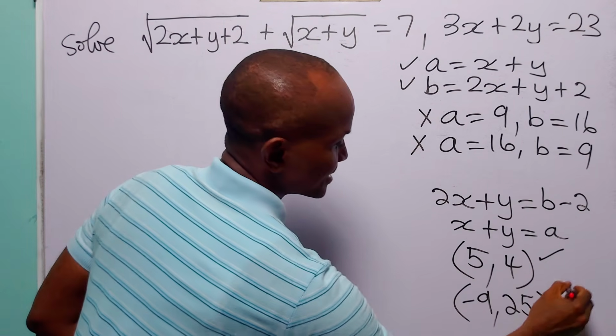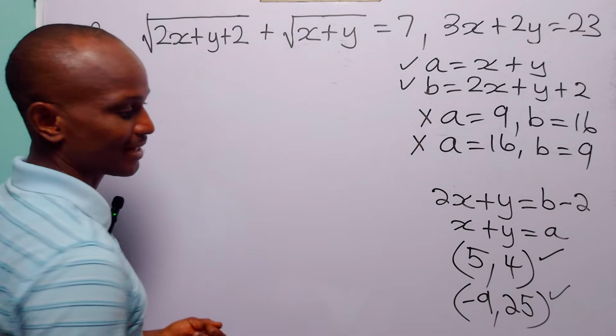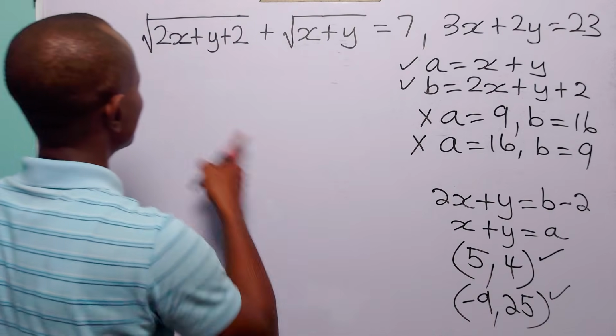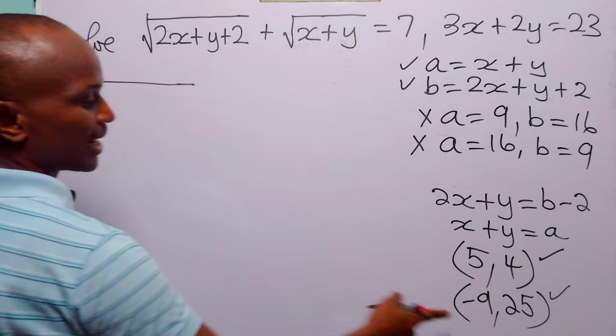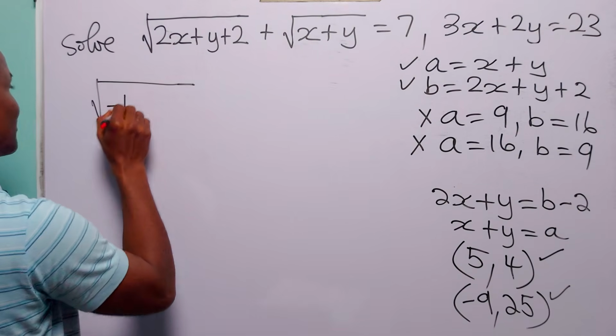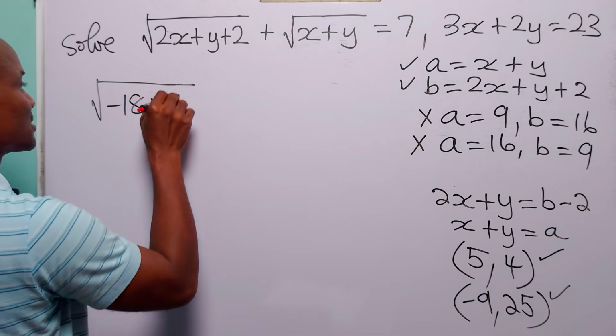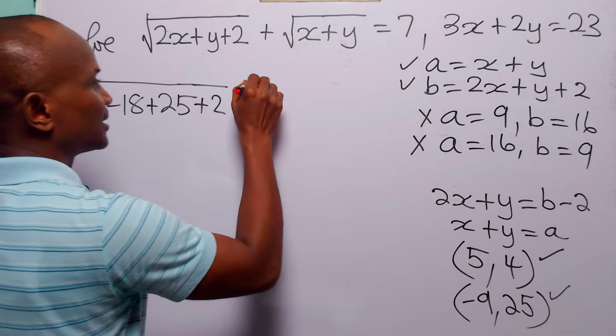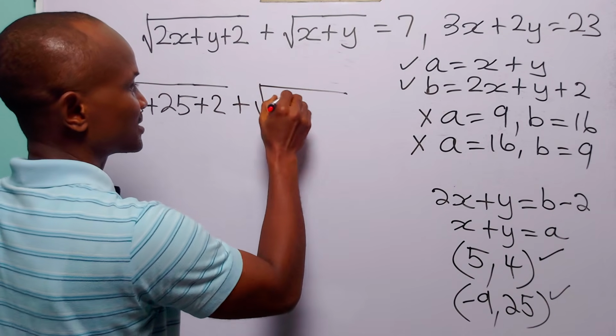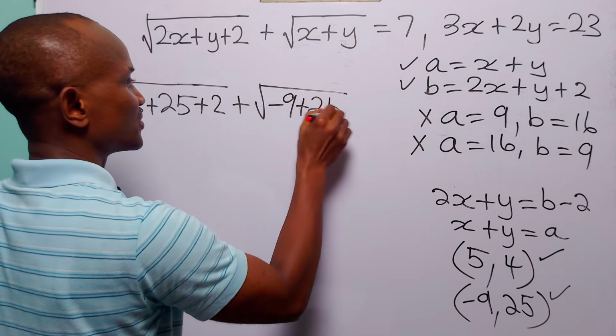And in the second case, when x is equal to minus 9 and y is equal to 25, we have the square root of 2 times minus 9, that is minus 18, plus 25, plus 2, plus the square root of minus 9 plus 25.